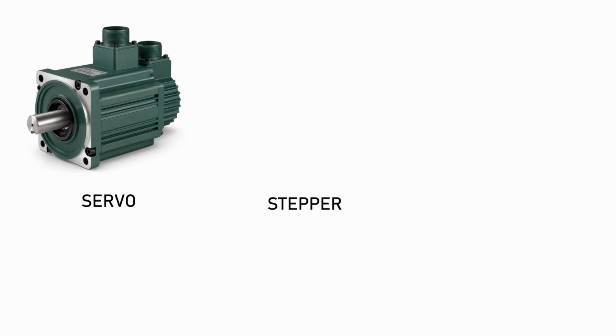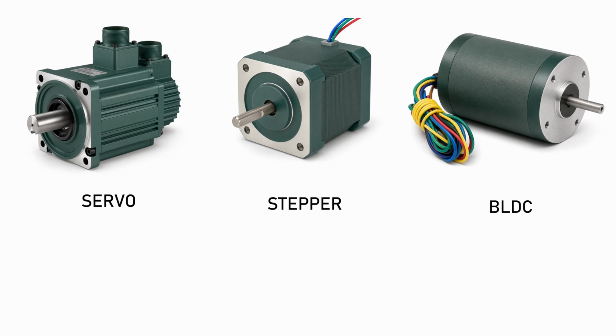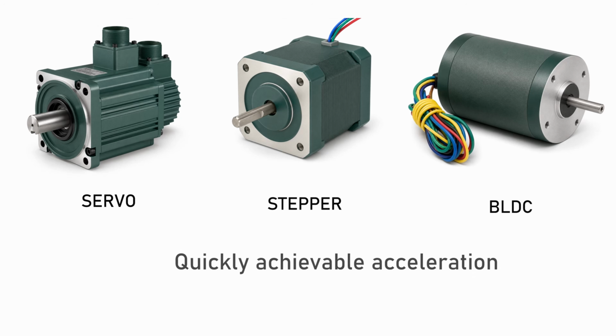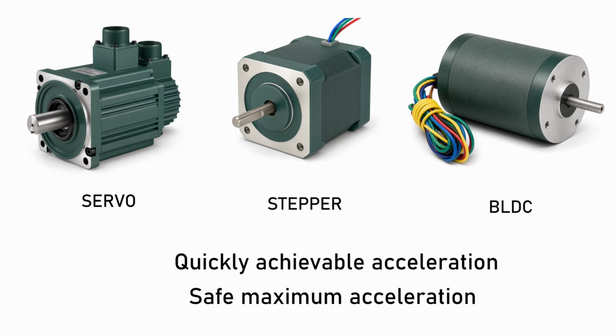Now in servo, stepper and BLDC motors, acceleration can be controlled precisely as per requirement. But if the requirement is not clearly defined, we can simply consider a practical, quickly achievable acceleration, or we can say a safe maximum acceleration, which can be estimated from how quickly a motor can achieve its full operating speed.